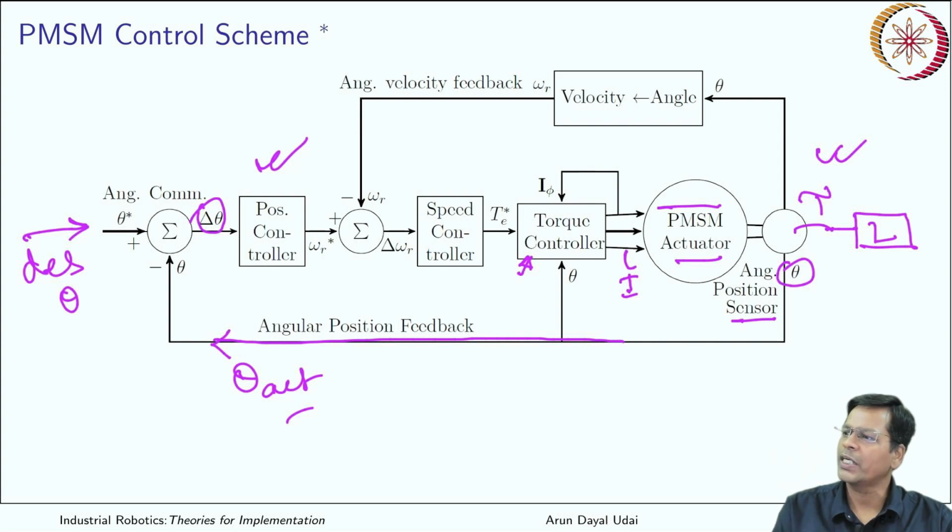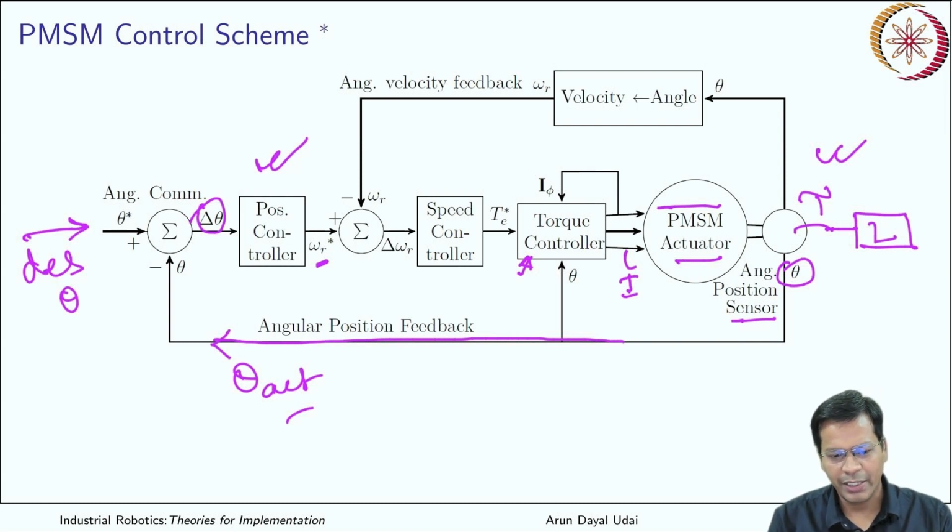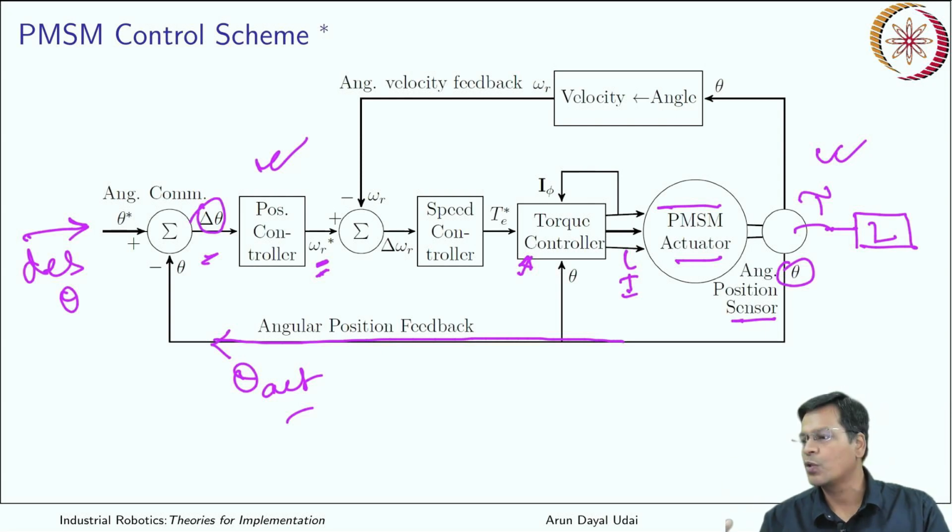We will discuss the PID controller in the last part of this course also. So this is finally a velocity signal which it is feeding. It is relating the error to the velocity which is desired, which should go to the motor if it is connected directly.